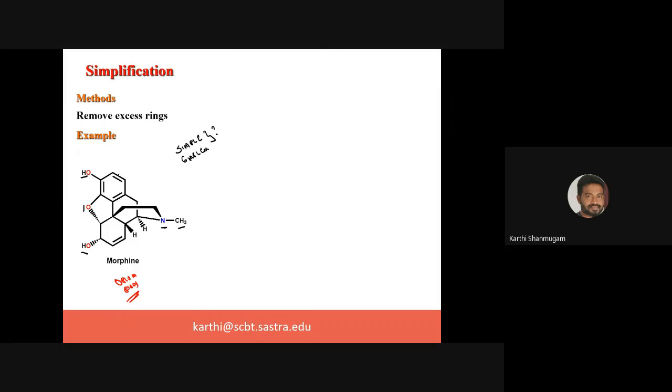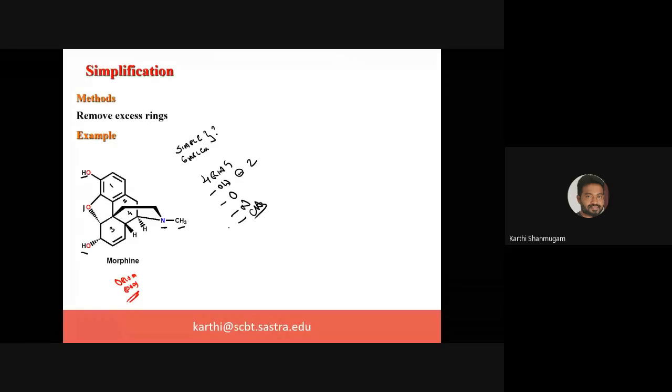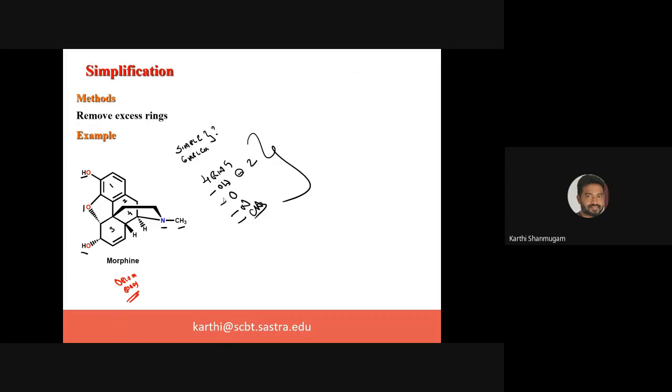So how many rings do we have? This is the first ring, this is the second ring, this is the third ring, and this is the fourth ring, right? So it almost has a 4 ring system, it has OH at 2 positions, O at 1 position, nitrogen in 1 position, CH3 in another position, right? So all this makes it complex. Even if we look at the structure, we can say that it's a complex structure.